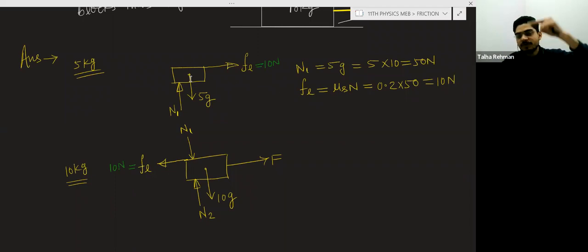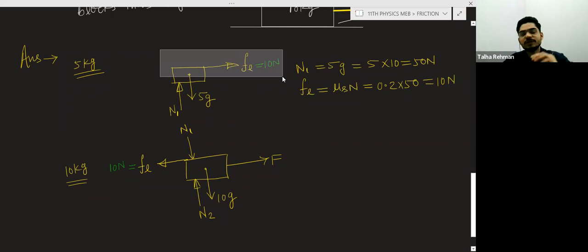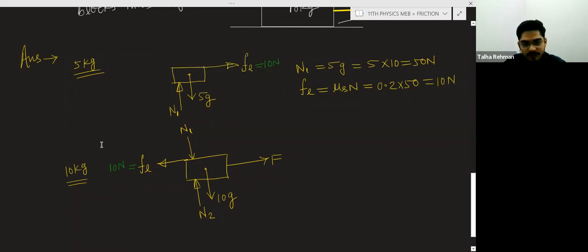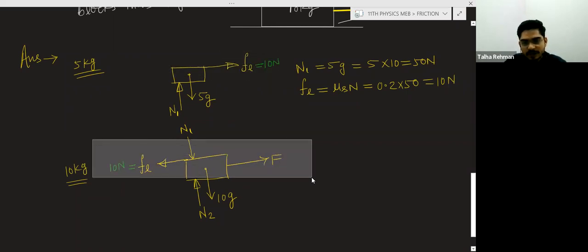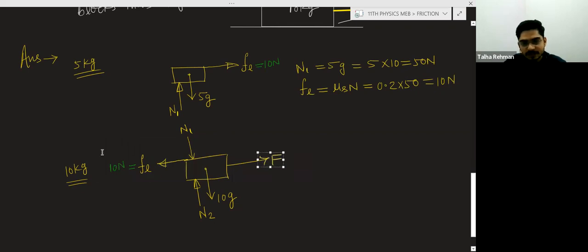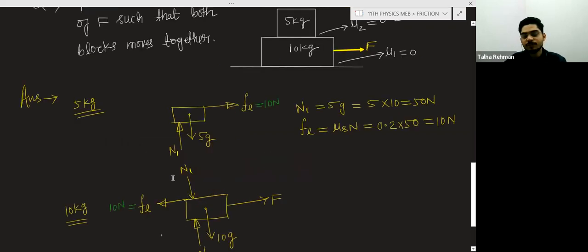I am not talking about the vertical forces, I am talking about the horizontal forces. But for the 10 kg block, there is this force and there is also the friction force. So we have to search for the block which has the friction force only.